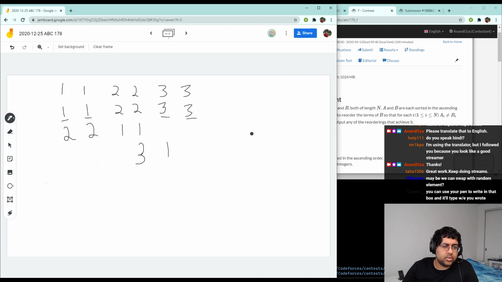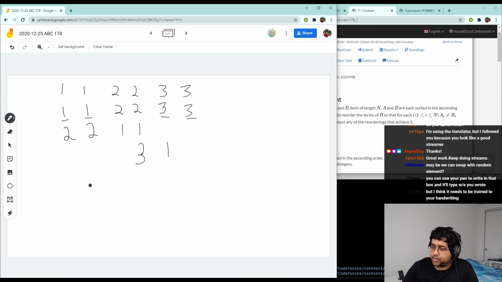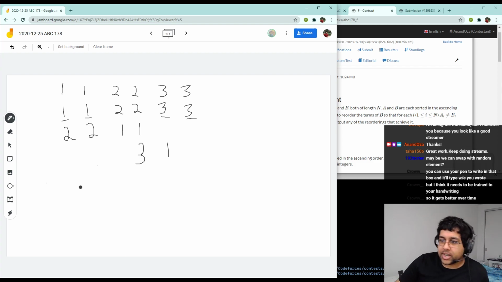So can we always efficiently find a valid swap candidate? Yeah, I definitely don't want to use the handwriting. I'd rather just type. The handwriting is just nice for this kind of whiteboarding stuff and for writing math.